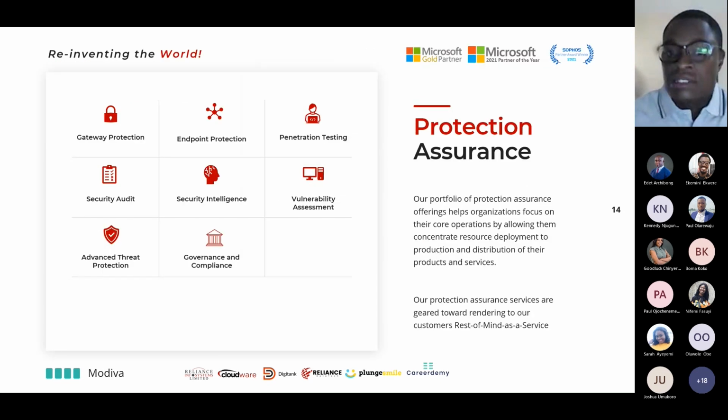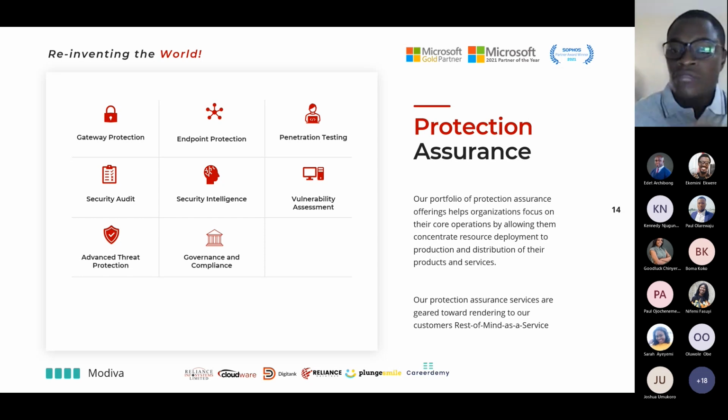Last but not least, the protection assurance pillar. This pillar is where we give peace of mind as a service to our customers, to enable them to focus on what truly matters, their business, with data protected during their work hours.